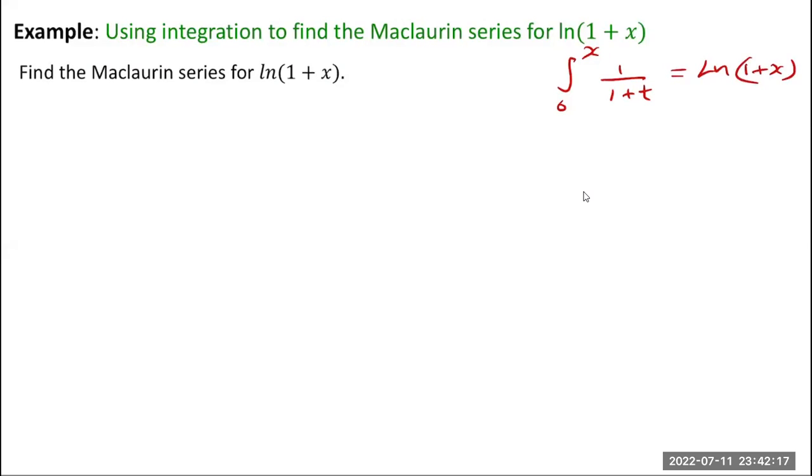Of course, I'm plugging in limits. The integration of this is ln(1 plus t), and if you plug in the lower limit and the upper limit, you will get exactly ln(1 plus x). Because when you plug in the lower limit, it's ln 1, which is 0. So this is what you're going to get.